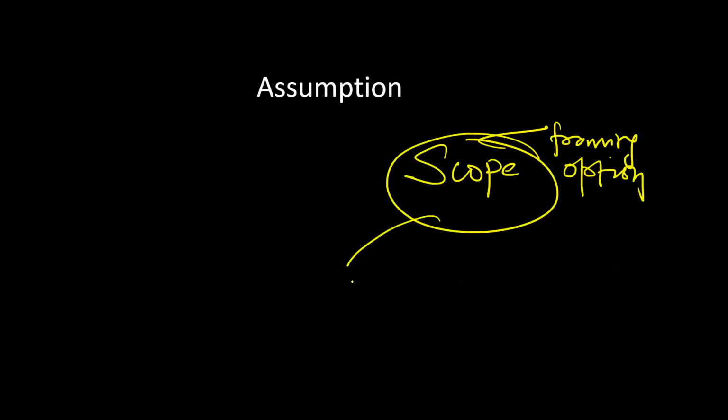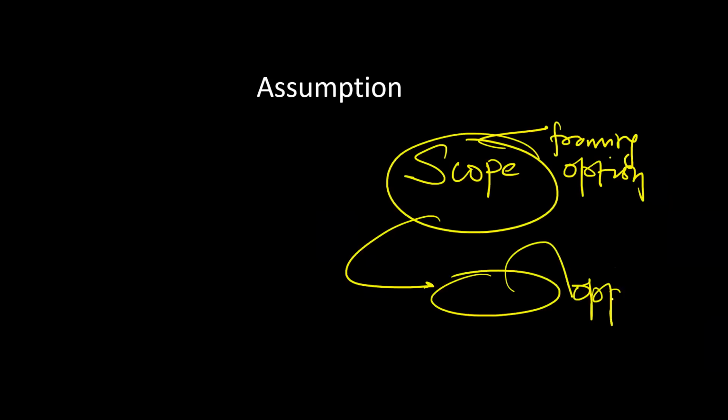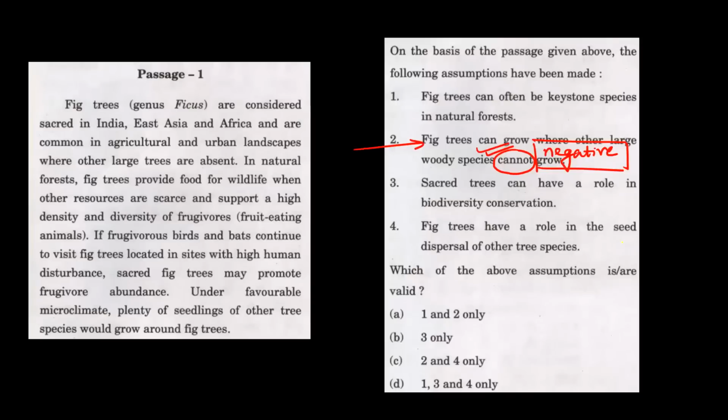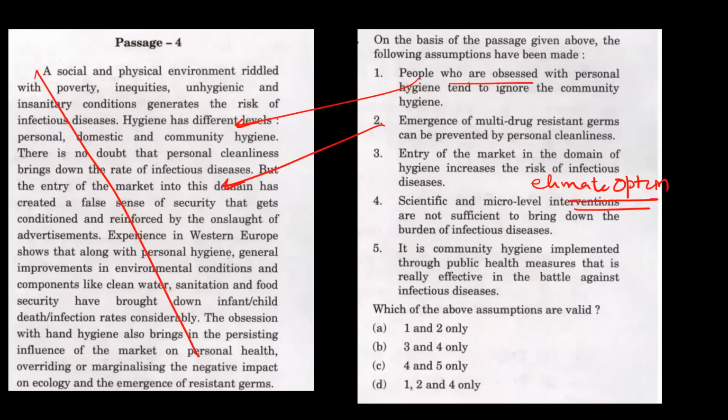Second, UPSC is picking one line from the passage and just writing the opposite of it in one of the options. Just writing the opposite of that.